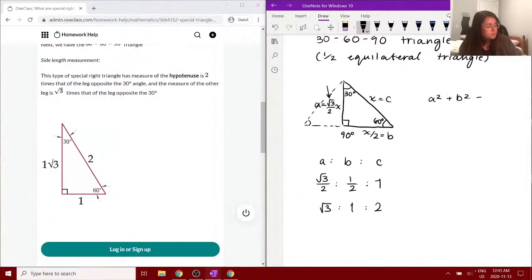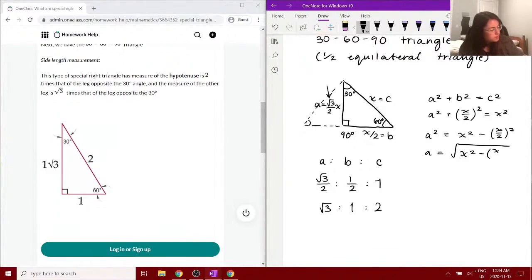We have A squared plus B squared equals C squared. Rearranging, A squared is equal to x squared minus x over 2 squared, and let's take the square root of both sides.